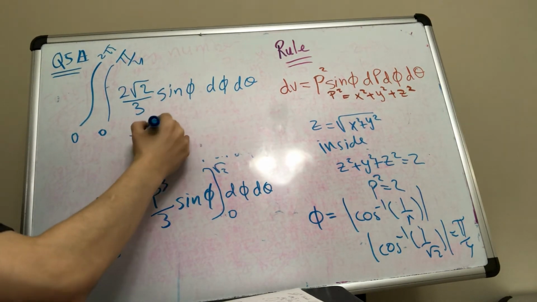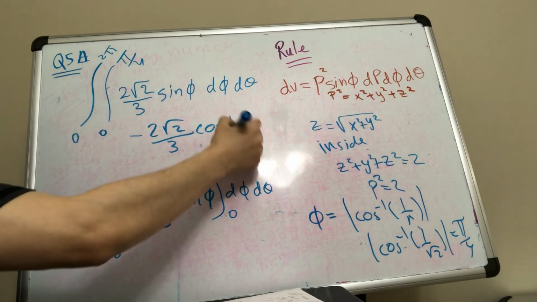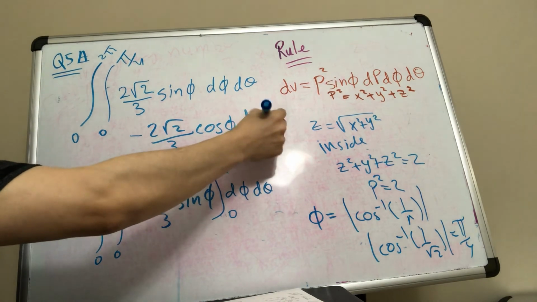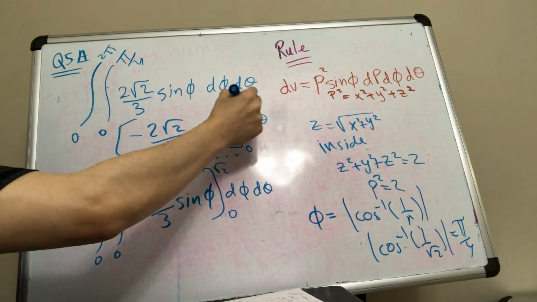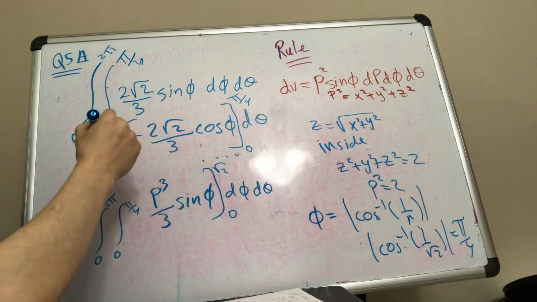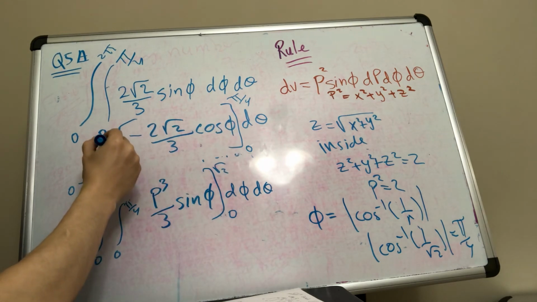Integration of sine would be minus cosine d theta, and we need to plug in 0 and pi over 4. And remember, you're still integrating 0 to 2 pi.